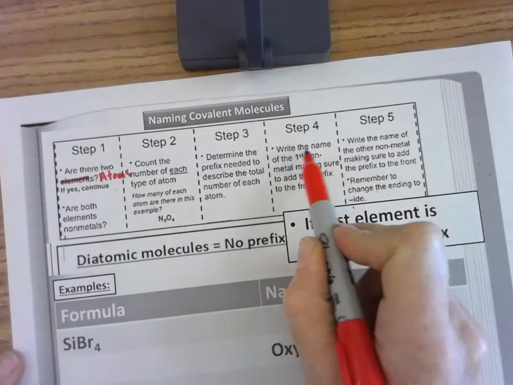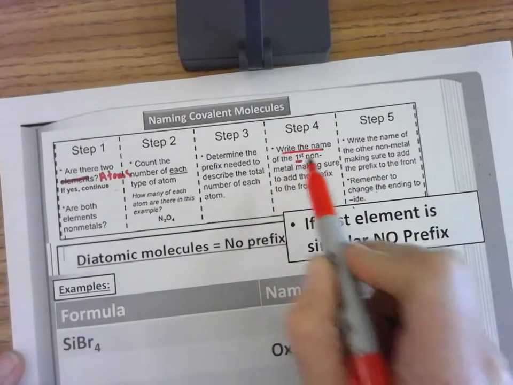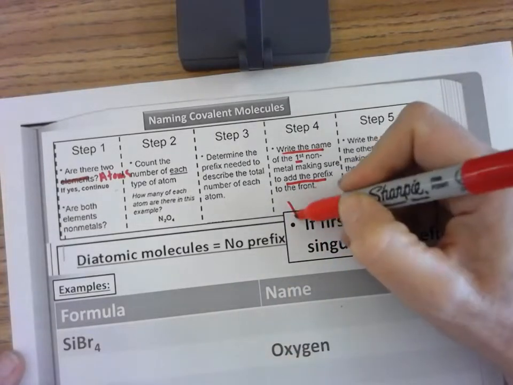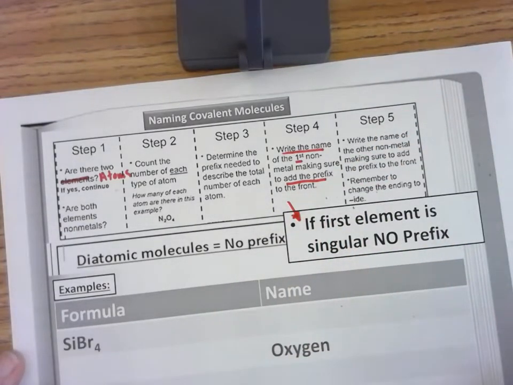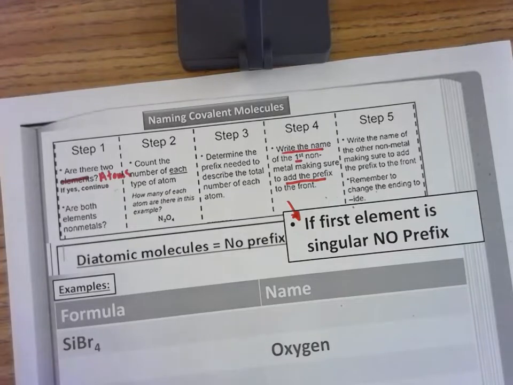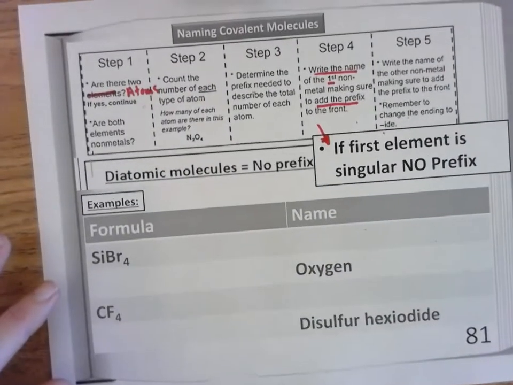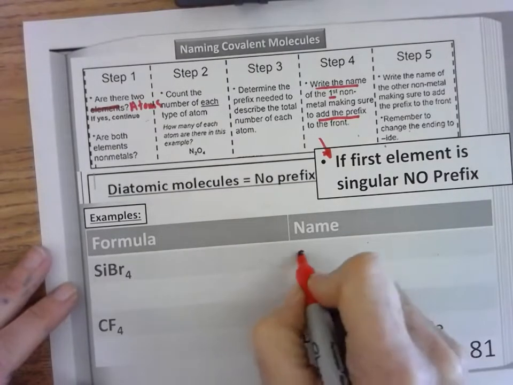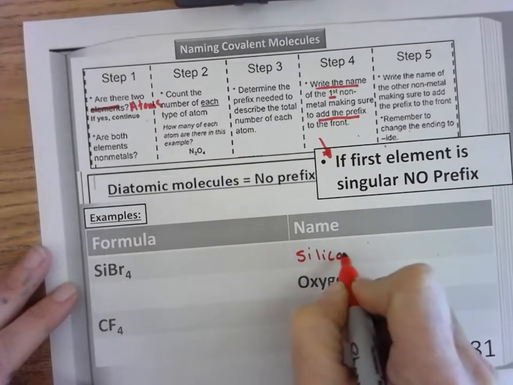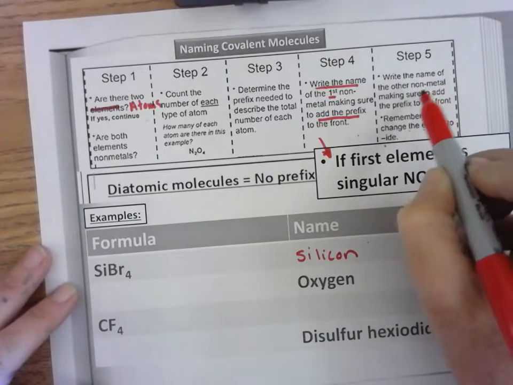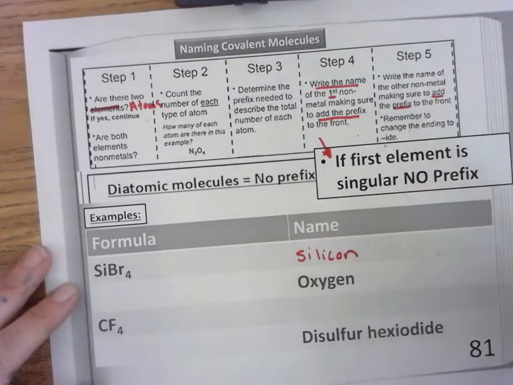I'm going to write the name of the first, making sure to add the prefix to the front, unless the first one is singular and then no prefix. Si, there's only one of them, so I'm not going to add the prefix mono. I'm just going to write the name. Then I'm going to write the name of the other nonmetal, making sure to add the prefix.